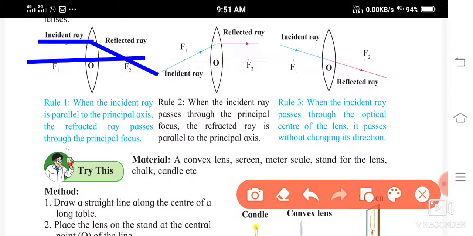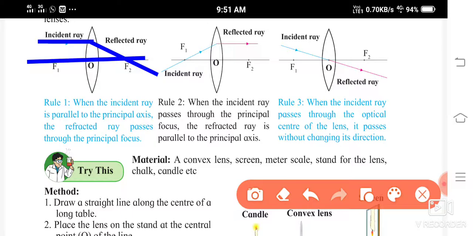When this incident ray is parallel to the principal axis, the refracted ray will pass through the focus. The same thing you studied in the case of mirrors: when the incident ray is parallel to the principal axis, it passes through the focus. Here also, the refracted ray is going to pass through the principal focus.